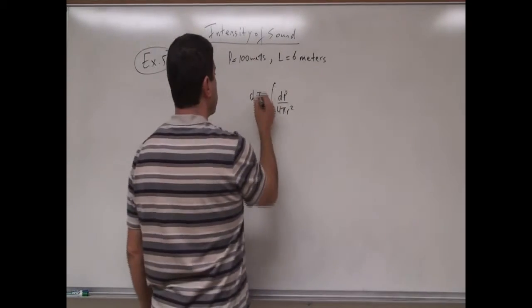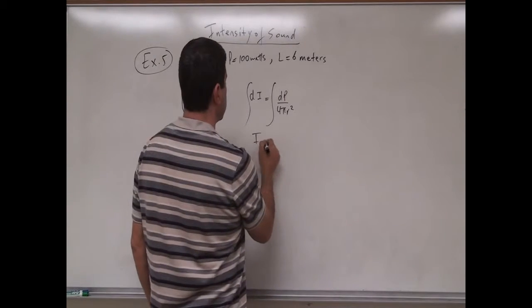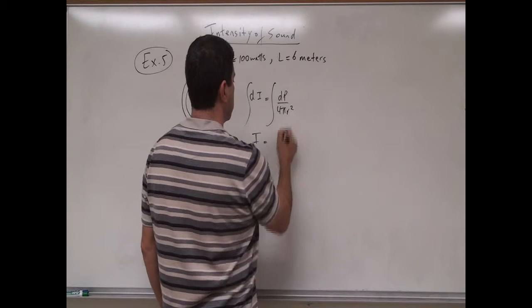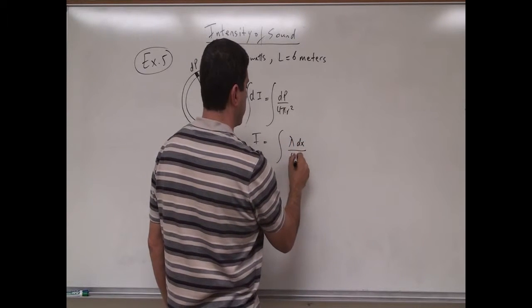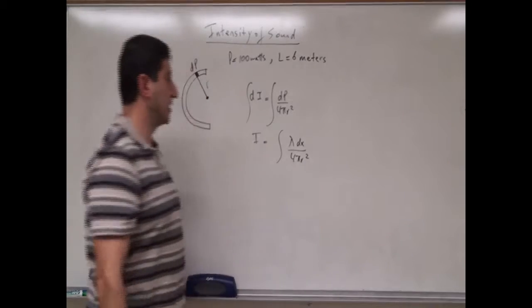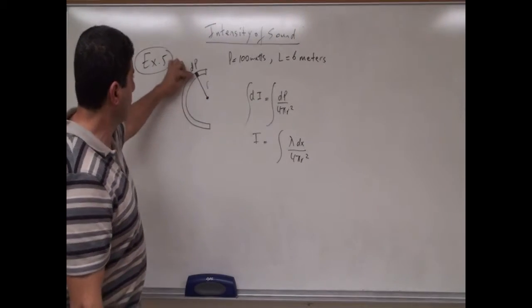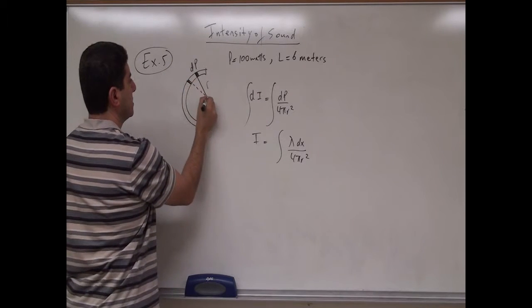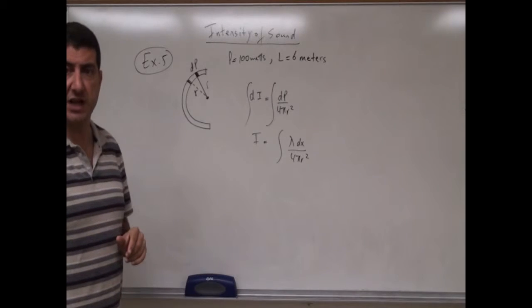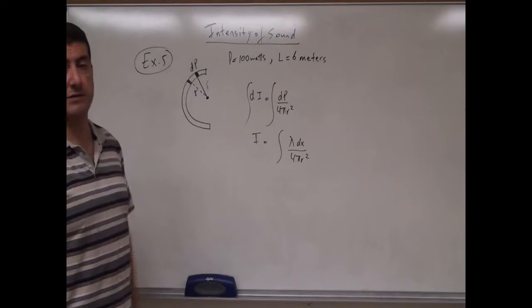Now if we integrate this, we can do the same process as before. We get the intensity is equal to, remember we did dP is equal to lambda dx over 4 pi r squared, right? So now in this case, as I go from piece to piece, the r actually is not changing. All of the pieces are uniform distance from the center.